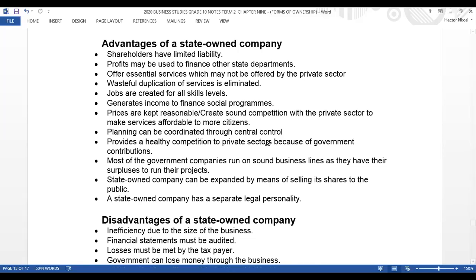Also, most government companies expand by selling shares to the public, right? So that's how they expand their company or their business, because they can offer shares to the public, right?